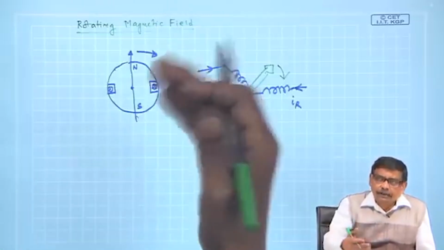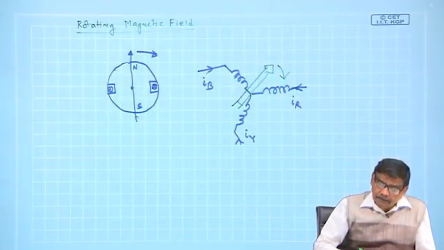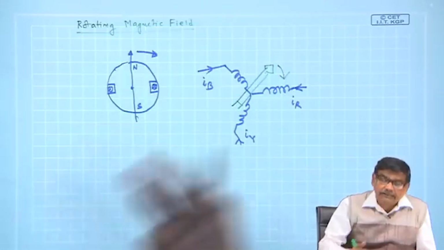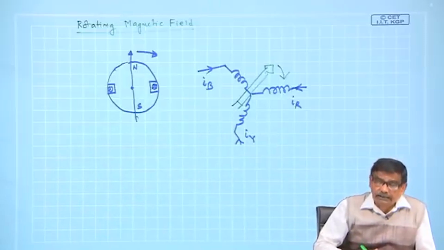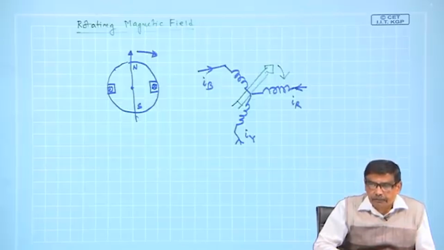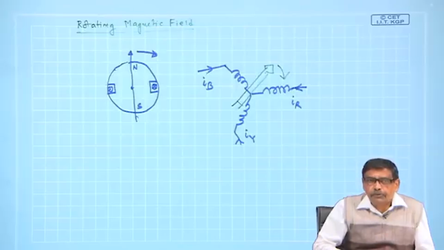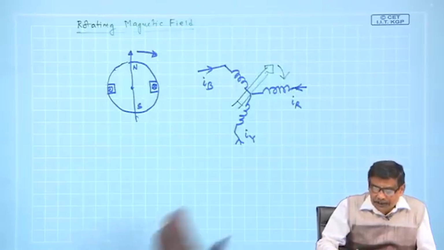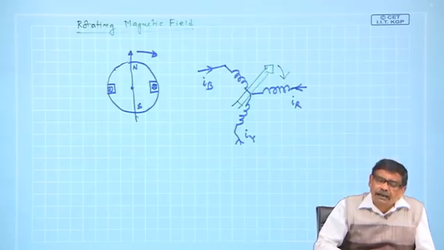After a long time he started telling that, okay, if balanced polyphase AC supply is available, then he can construct a much simpler motor in construction, and that was the induction motor. To produce the induction motor, he came up with all these ideas, and after that it was all history.